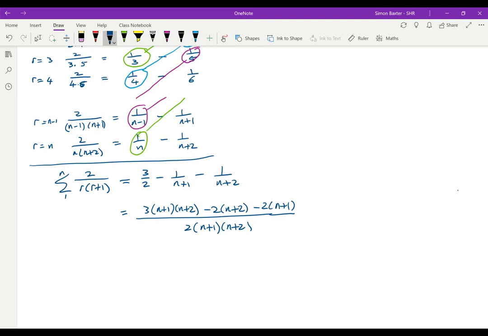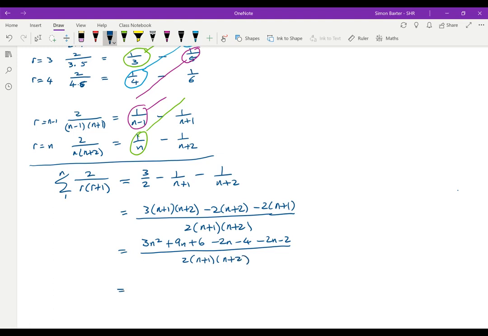Then it's just a piece of algebra, and we get, multiplying out the first bracket, 3n squared plus 3n, plus 9n, plus 2, that's plus 6, minus 2n minus 4, minus 2n minus 2, all over the same thing, 2n plus 1, n plus 2.